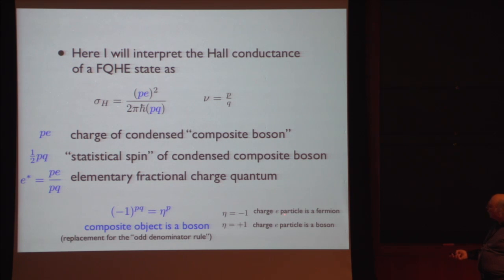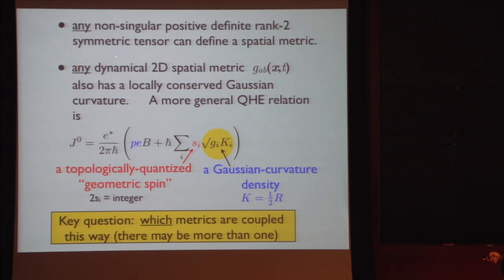So if the charge e particles in this theory are fermions, then we get a quantity that, if P and Q had to be relatively prime, would be what used to be called the odd denominator rule. But in fact, they're not necessarily relatively prime. And okay, so this is a kind of underlying phenomenology of the condensate, which I'll come to.